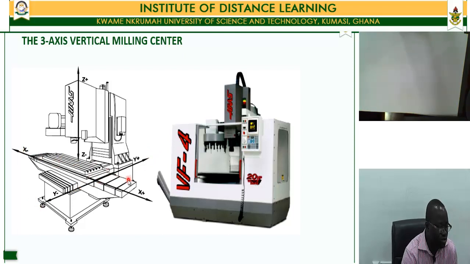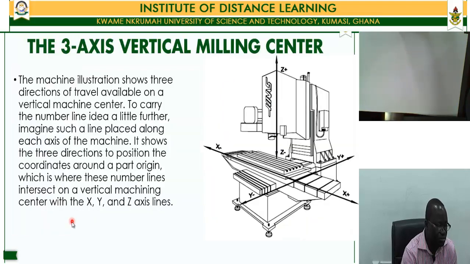Now the longest travel on this machine is the X-axis, and then once you travel from this side into the stem of the machine, you're going in the Y-axis. So you'll notice the positive Y and negative Y directions, and then positive X and negative X directions. So you set an absolute zero to get all these three axes coinciding, depending on the workpiece that you insert in the machine.